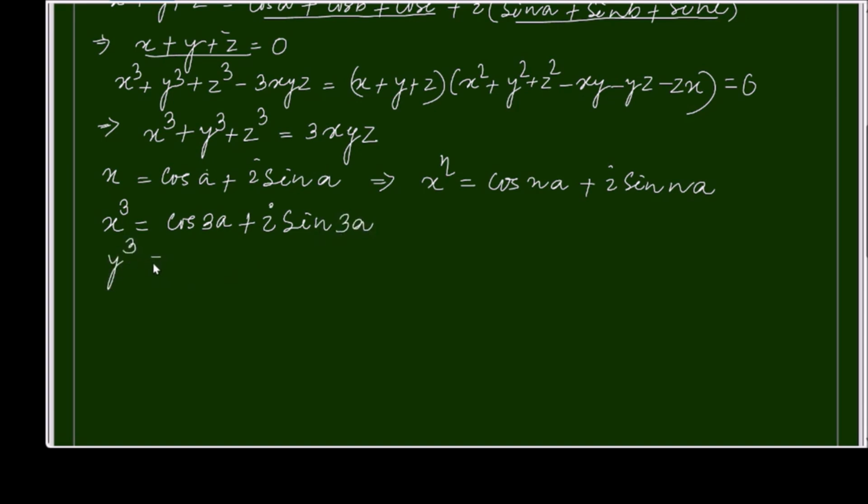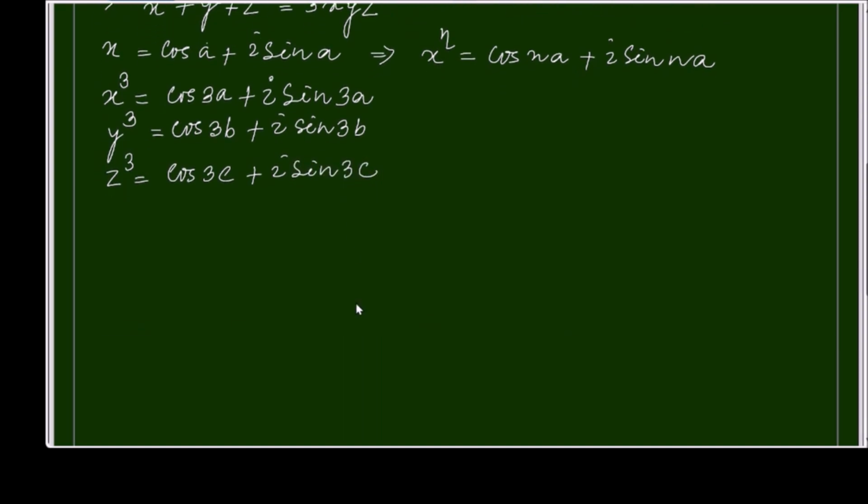Or y cube is cos 3b plus i sin 3b. Similarly, z cube is cos 3c plus i sin 3c. So I am getting x cube plus y cube plus z cube. We had proved that it is 3xyz.